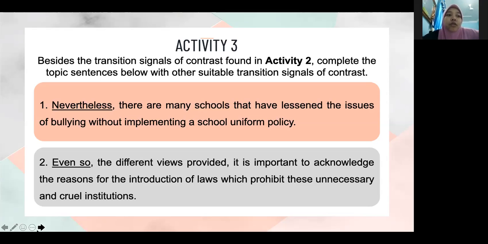Next, question 2 is even so, or maybe you can write even though. The different views provide it is important to acknowledge the reasons for the introduction of laws which prohibit this unnecessary and cruel institution.